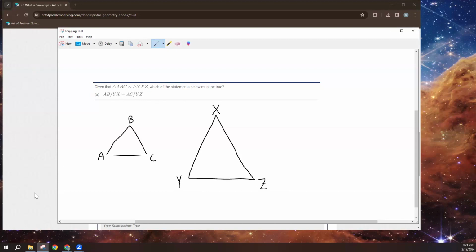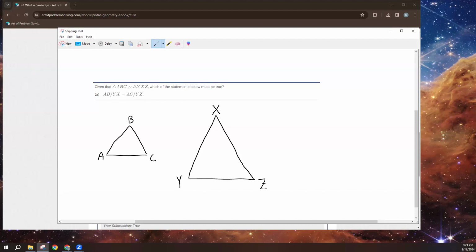Okay, does that make sense? So the angles have to match up for a triangle to be following what we've written down here. And so then the question is, is this statement true?